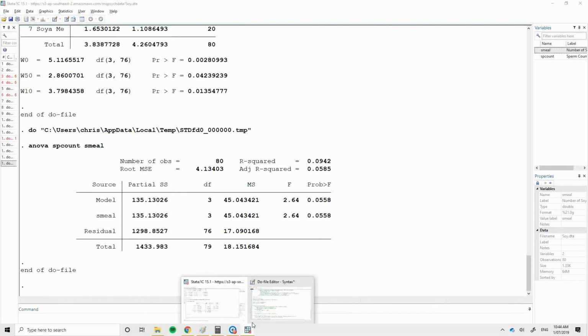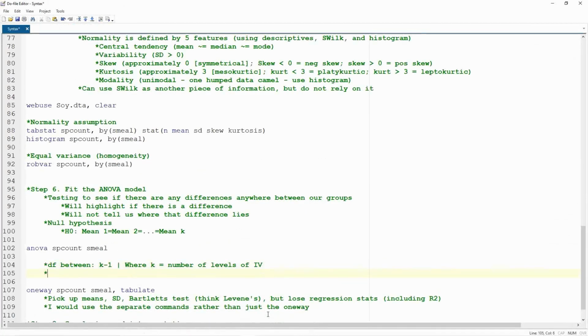So if I was to write up those formulas, df within is going to be k times n minus 1, where k equals the number of levels of the IV, and n equals sample size in each group.